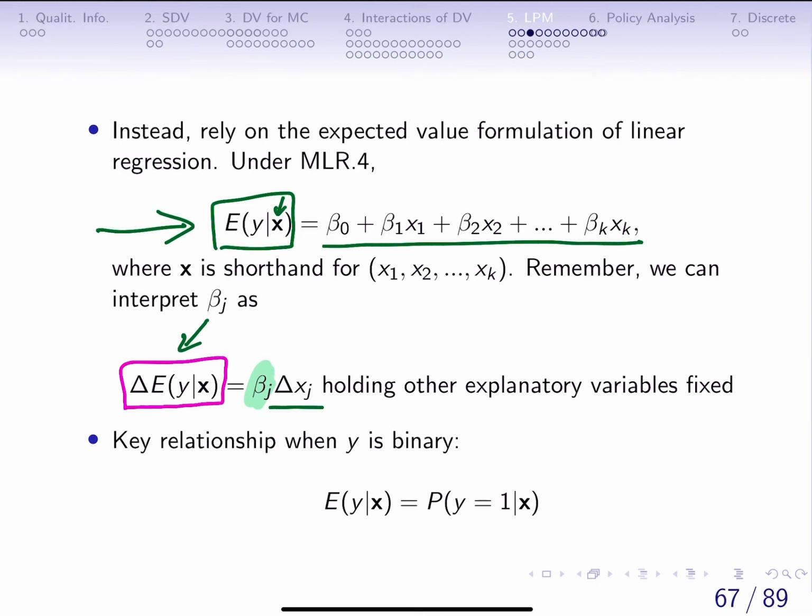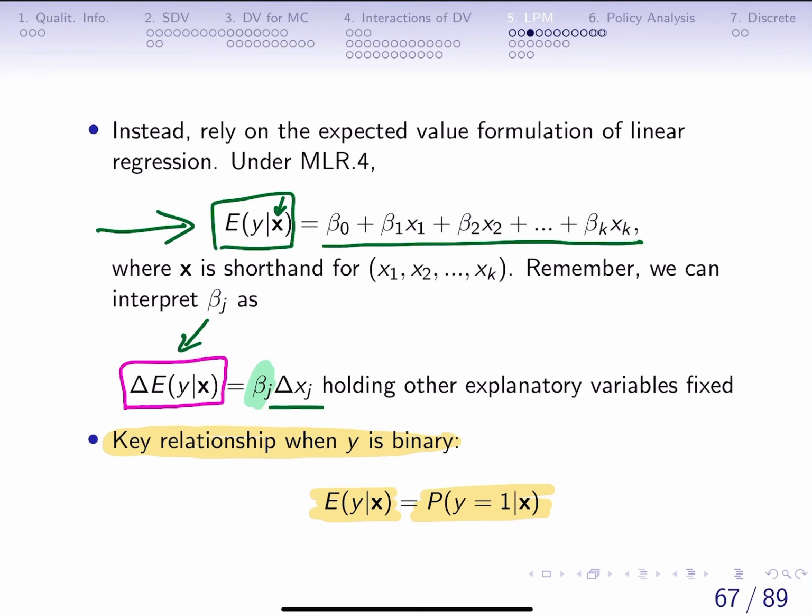But this relationship is important for us to discuss when y is binary. So when y is binary, we're basically saying that the expected value of y given x is equal to the probability of y taking a value of 1 given x.